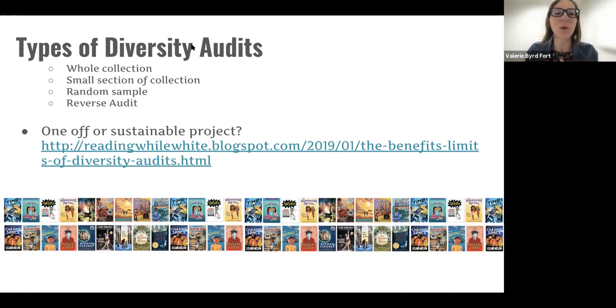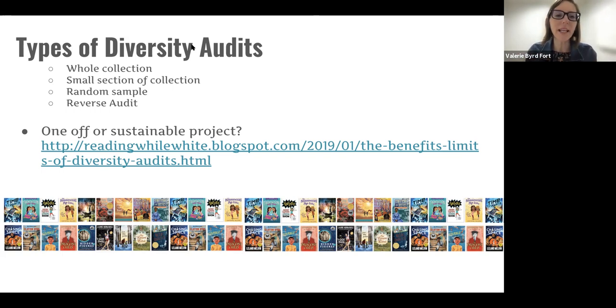You could even do an audit of people that you are giving to students to research, or a biography collection, or displays. Do a quick audit of a display and make sure that it is diverse. So it does not have to be your whole entire collection, is my point. It can be, but it can also be a very small collection to at least get started.